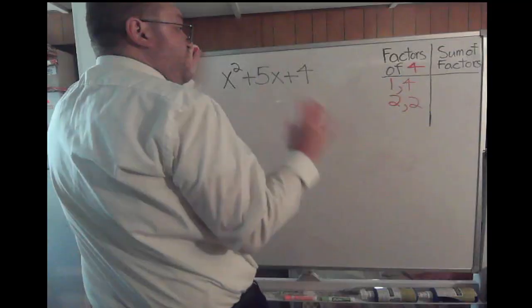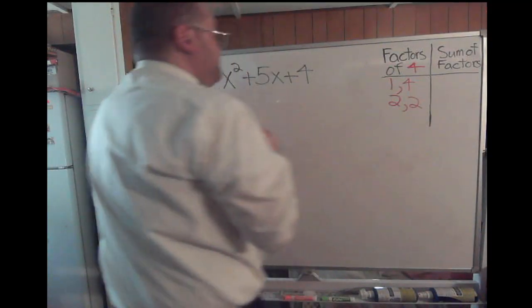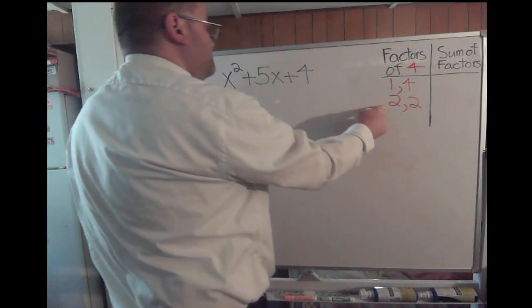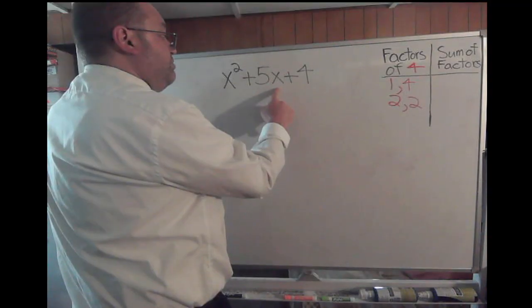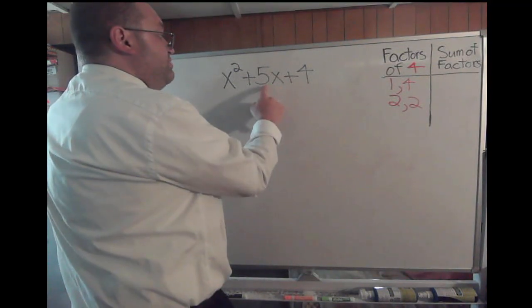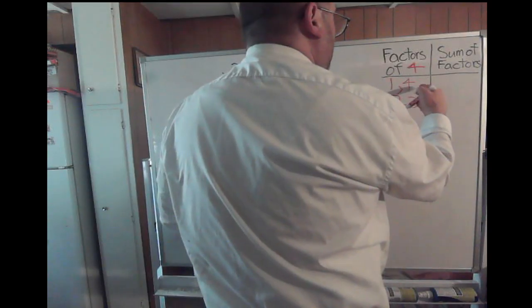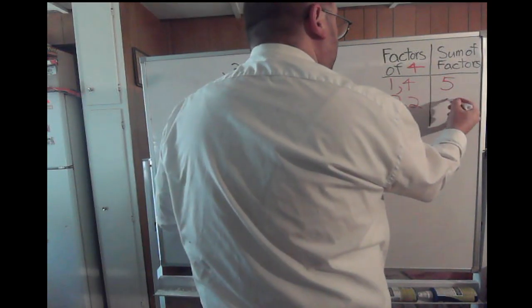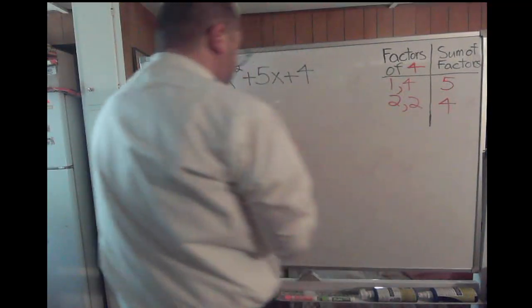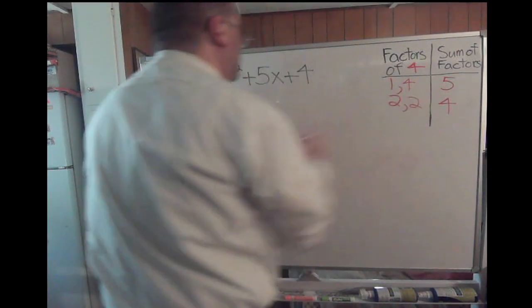Now you need to find the sum of those factors that will give you the middle coefficient. So you add 1 + 4, you get 5. Add 2 + 2, you get 4. So the factors we want are 1 and 4.